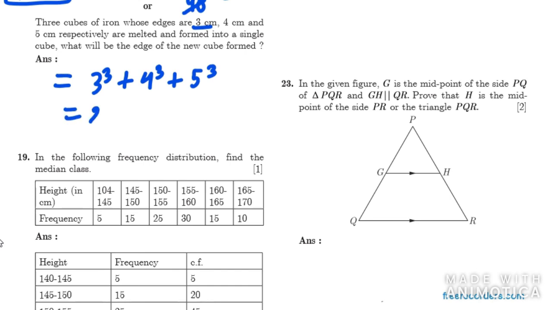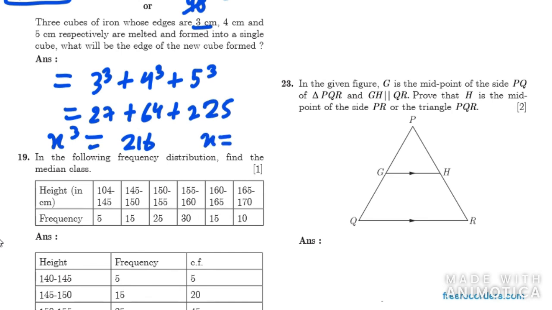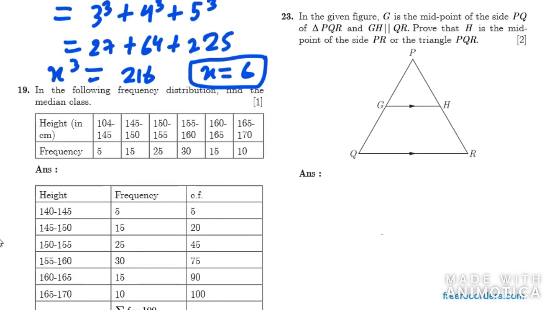So 3 cube is 27, 4 cube is 64 plus 5 cube is 125. Now adding all the values you get 216, and x cube is the volume for new cube. So x be 216 can be written as 6 cube and cube gets cancelled out. So edge of the new cube be 6 centimeter.